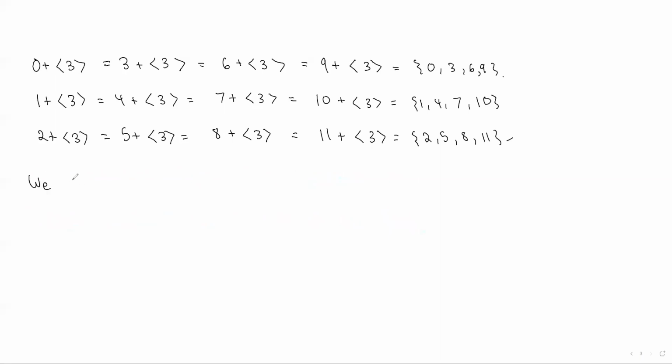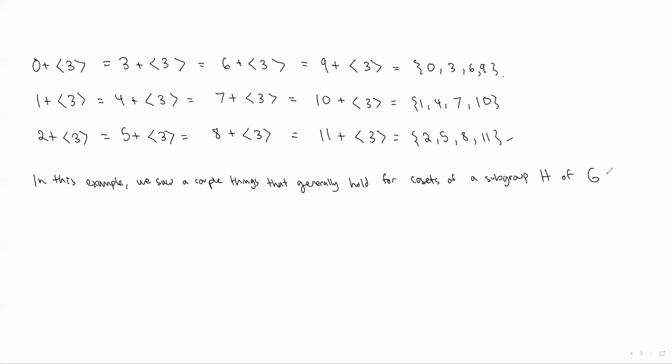Okay, so in this example, we saw a couple things that generally hold for cosets of a subgroup H of G. Number one is the cosets partition G, i.e. split it into disjoint sets, sets of size |H|.